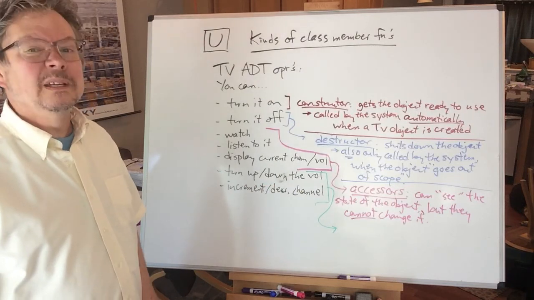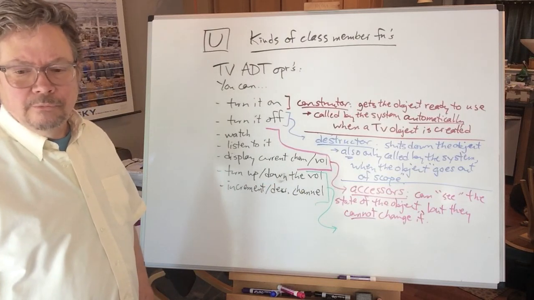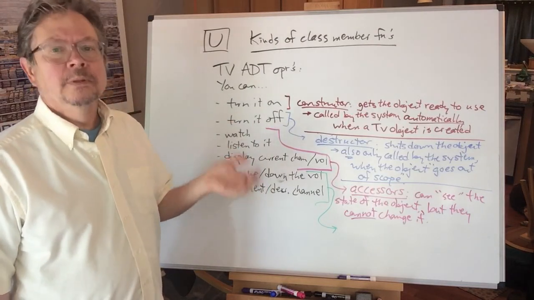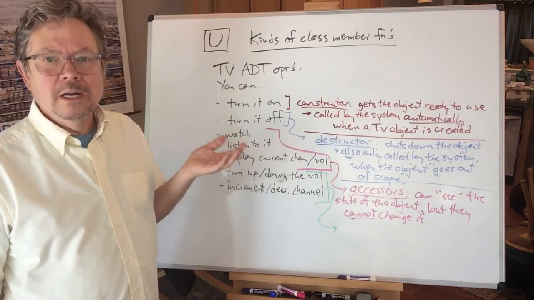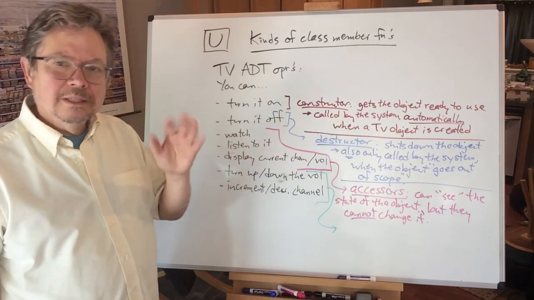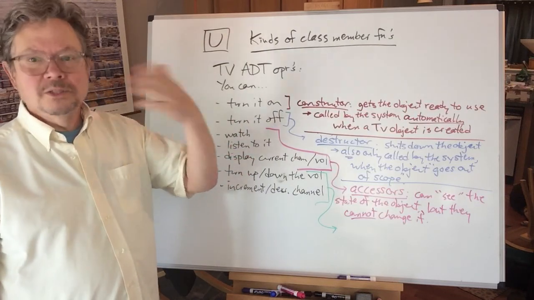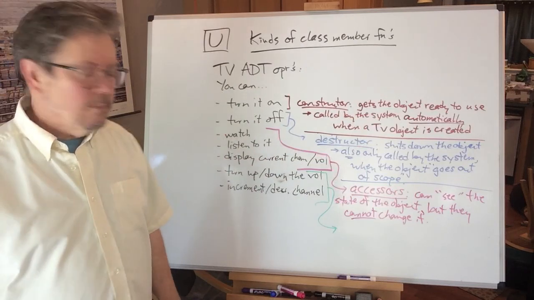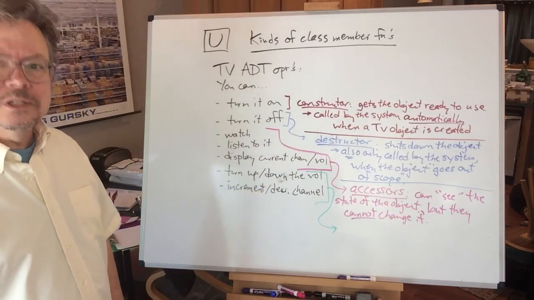Let me rephrase that. There is a minor exception. If you say put it on channel 5 and it's already on channel 5, it doesn't technically change the state of the object, but in some ways it does. It puts a new 5 on top of the old 5. So I'm going to say these do change the state of the object.